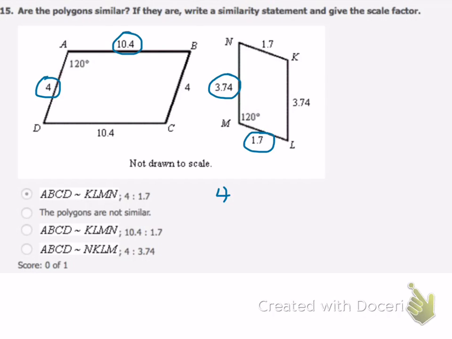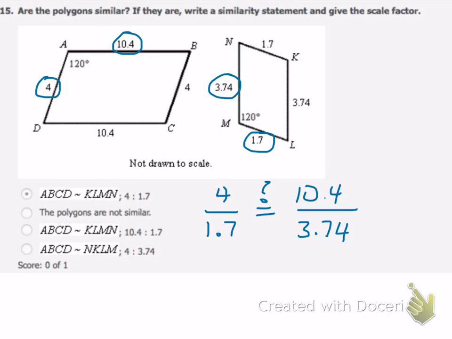You can do 4 divided by 1.7, and what we want to know is if that is equal to 10.4 divided by 3.74. Now, you can take your calculator at this point and do this.